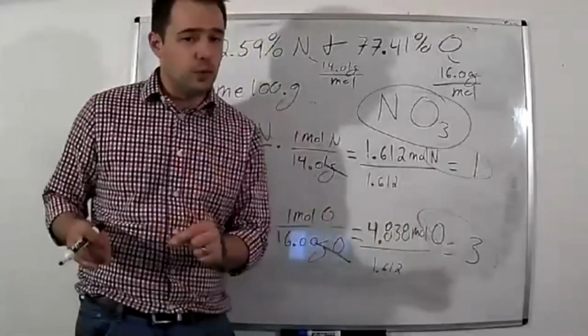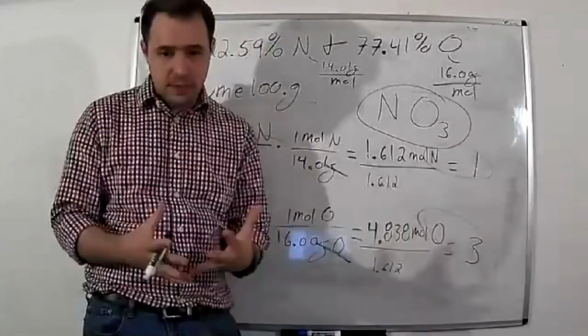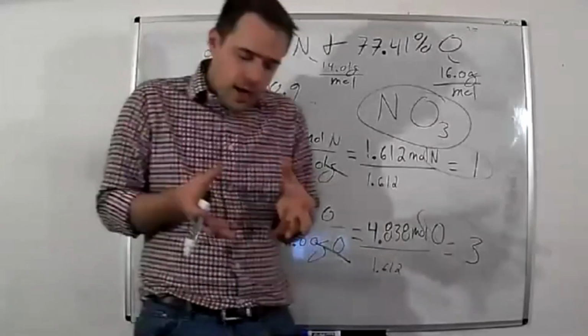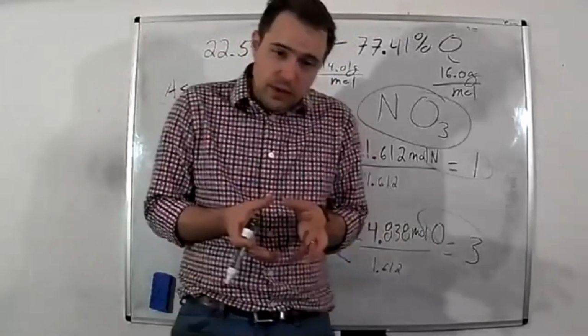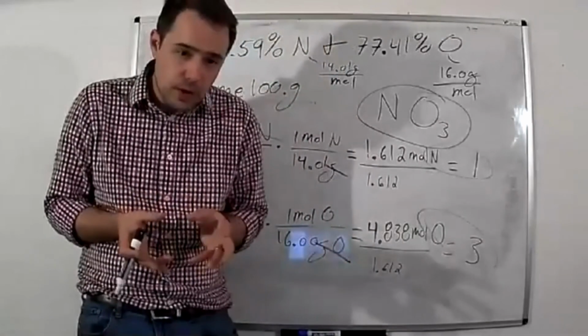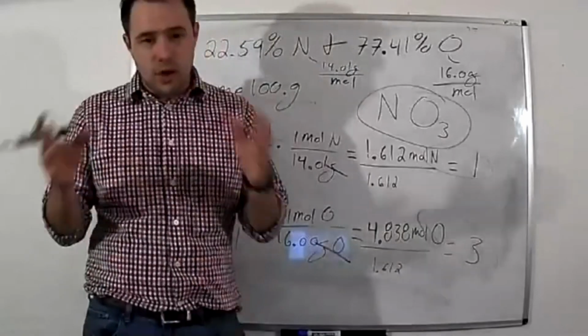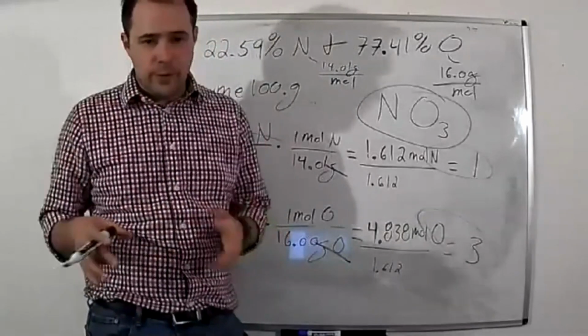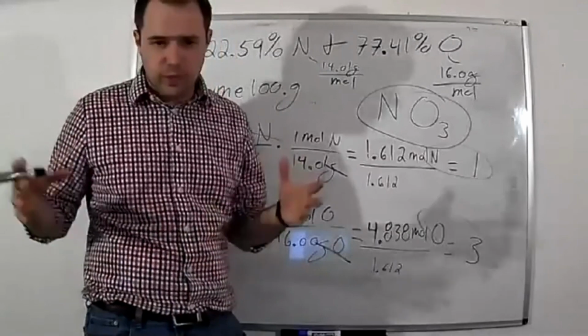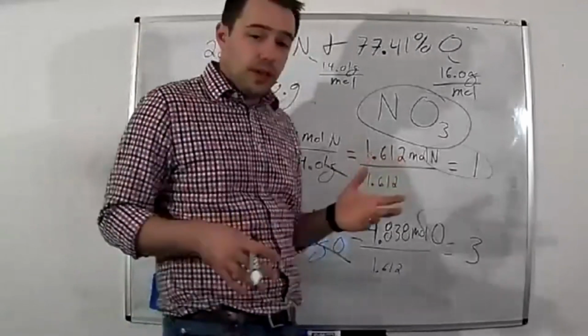What you would have to do to get the true identity of the substance is actually weigh the substance using something called a mass spectrometer, or a MALDI-TOF spectrometer if it was a protein or something. So here's how that works.